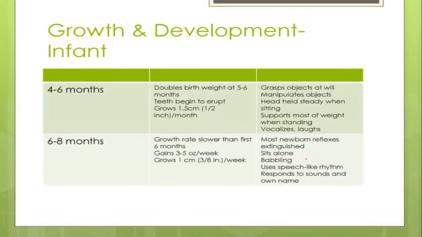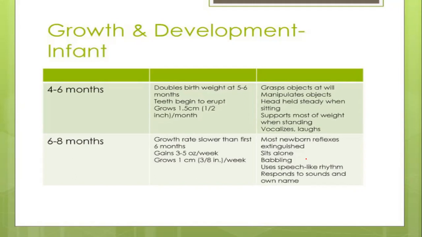And from 4 to 6 months, when we're talking about growth, doubles birth weight. At 5 or 6 months, what we already saw, at the 5th month has to double the weight at the birth point, and the teeth begin to erupt.